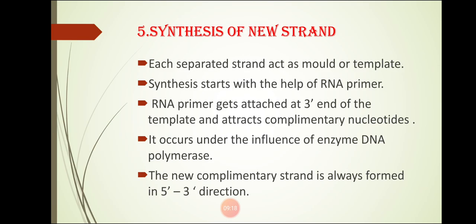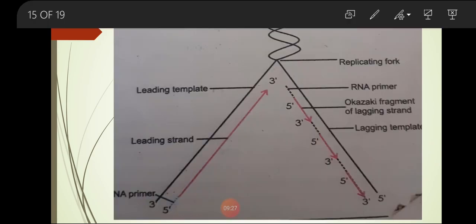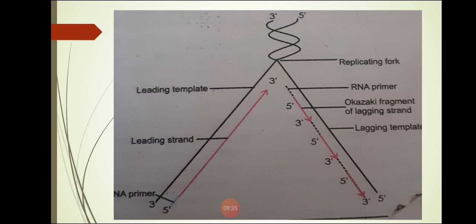Now here when we say synthesis of new strand, see here in this diagram, for this synthesis of new strand, the original strand, the separated strand, acts as a template strand. You can see here in this diagram, this is the original strand that has resulted from the separation of the DNA molecule, and these strands are called template strands.